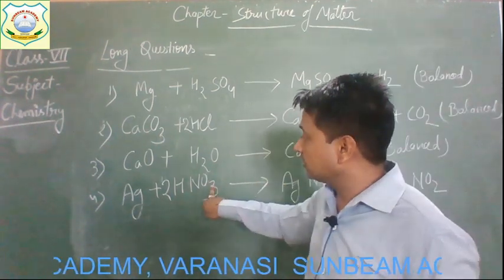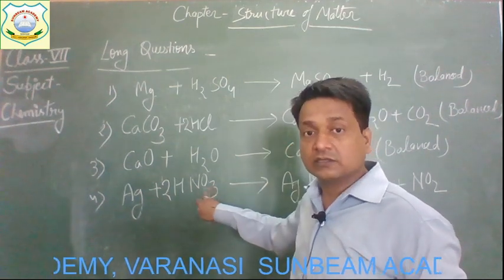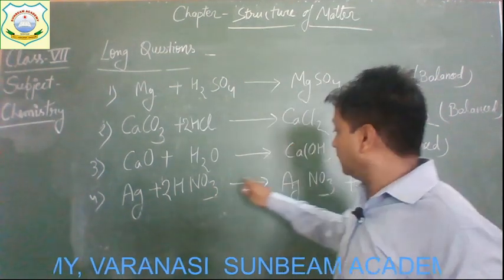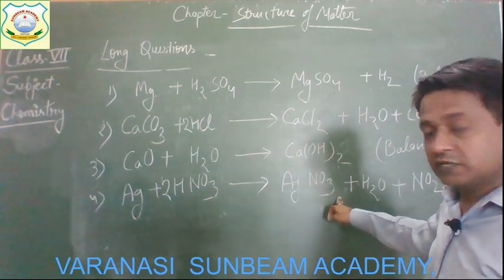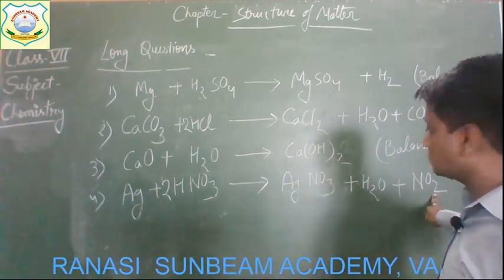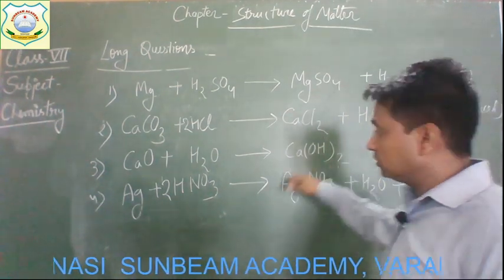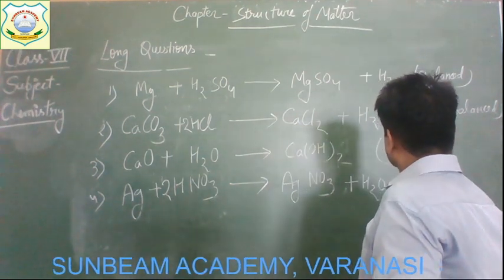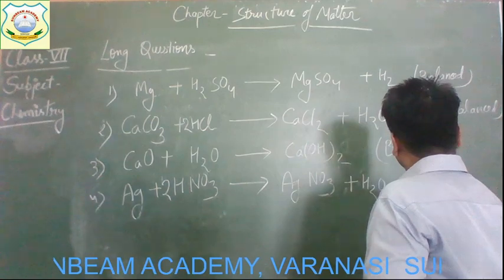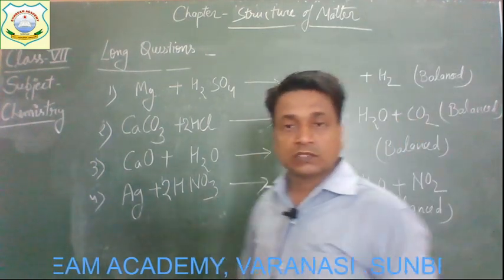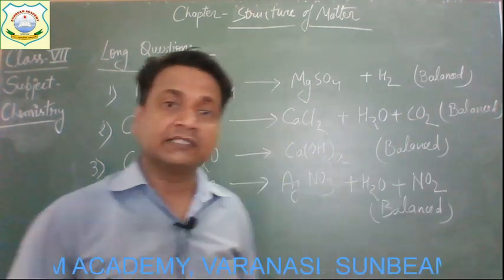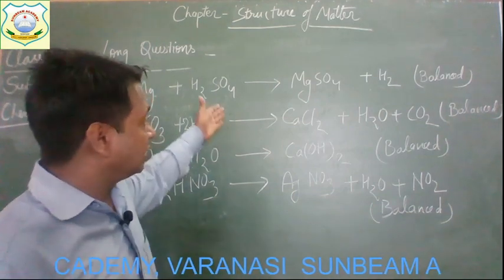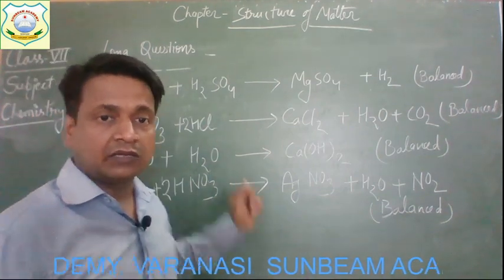Okay, and oxygen atoms will be 6. 3 twos are 6 and on the right side we already have 6, 3 plus 1 plus 2. Okay, so this time this equation is balanced. Understood, children? How to balance, is it? So these are all balanced equations now.